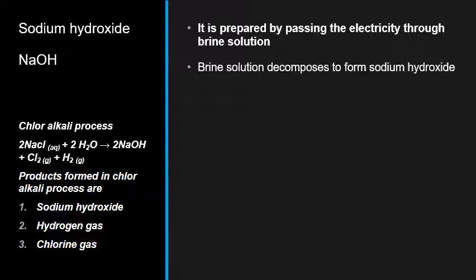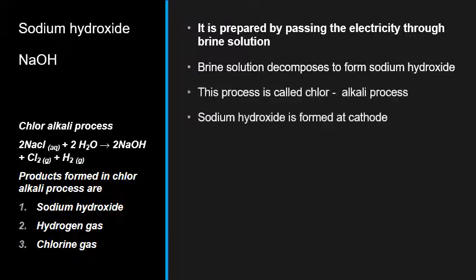They will be formed near the anode and cathode. What is this process called? Chlor-alkali process. Where is the sodium hydroxide formed? It is formed at the cathode. Understand? Cathode is a negative electrode. So sodium hydroxide is formed at the cathode.